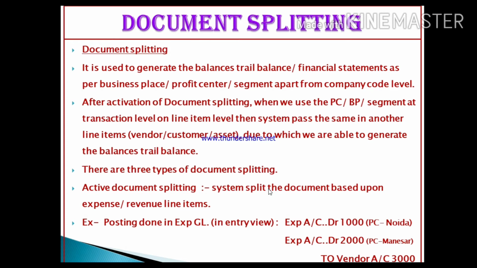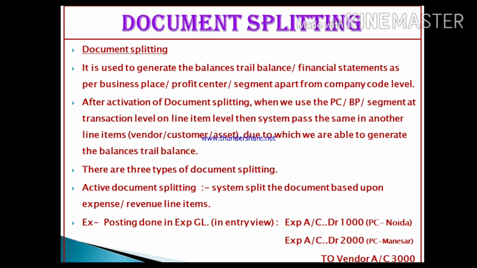For example, your posting is done in an expense GL in entry view. What is the entry of that? Here I have mentioned the entry also. Your entry in entry view is expense account debit with the amount 1000 rupees in a profit center Noida, and another expense account debited with the amount of 2000 rupees in another profit center, that is Manesar, to your vendor account of 3000 rupees.